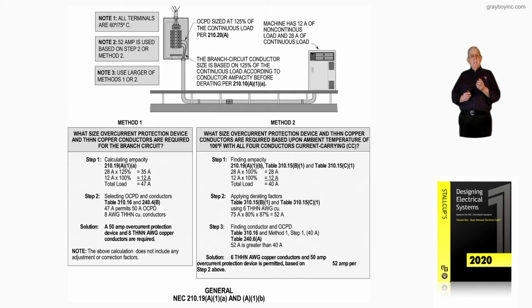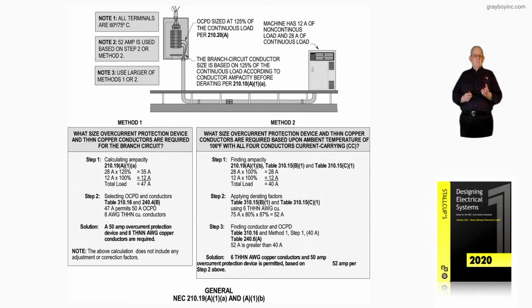So for the application of step 2, we'd go to Table 310.16 and 240.4(B). A 47 amp load, you could round up under 240.4(B) to a 50 amp device when using number 8 THHN copper conductor terminated at 60 or 75 degree terminals, whatever the equipment called for.